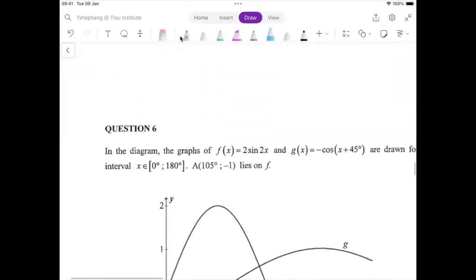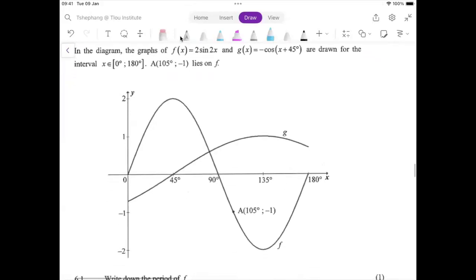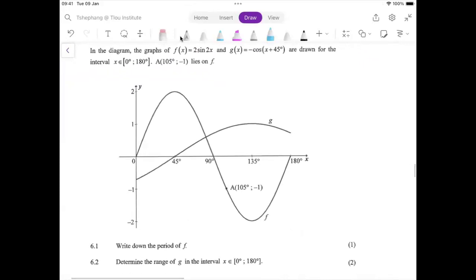Okay, moving on. Just going to zoom out a little bit. So in the diagram, the graphs of f of x equals 2 sine 2x and g of x equals negative cos of x plus 45 are drawn for the interval x is an element from 0 to 180.